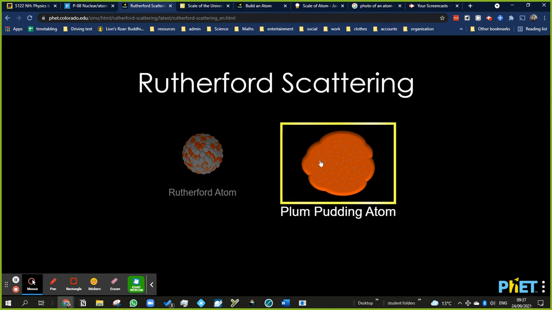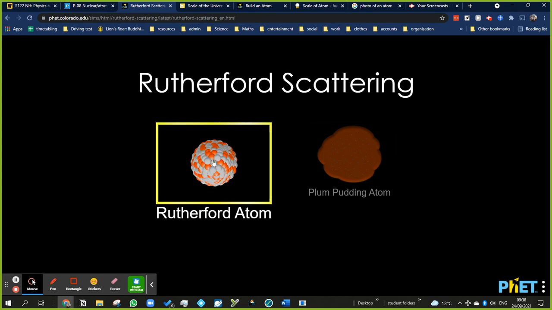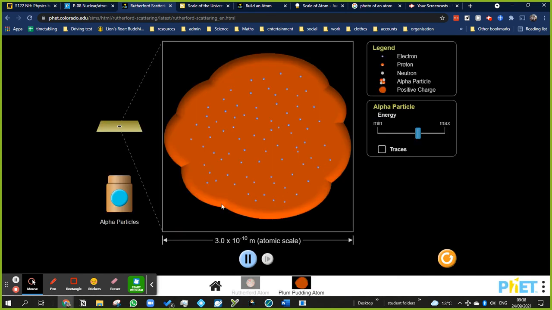We don't really eat plum puddings nowadays, so maybe you could think of it as raisins in a bun. The rest of the atom was the positive charge, so they knew they had a positive charge and a negative charge to cancel out with one another, but they weren't sure about much else. So let's do an experiment on a made up plum pudding model.